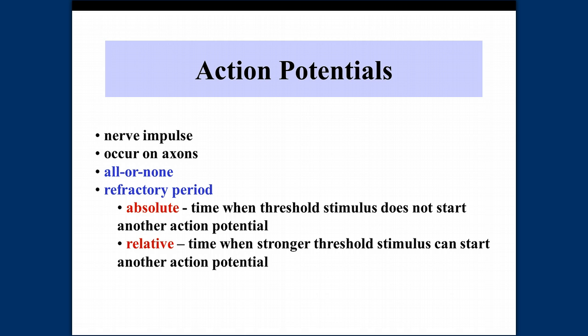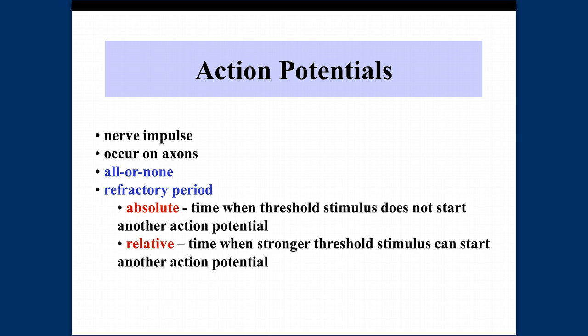Now, as that repolarization occurs, you can have a situation where the potassium ion channels stay open long enough that it becomes even more negative on the inside. And when it's more negative than the resting membrane potential, which was negative 70 millivolts, more negative would be negative 75, negative 80, all the way to negative 90, the membrane would be hyperpolarized.